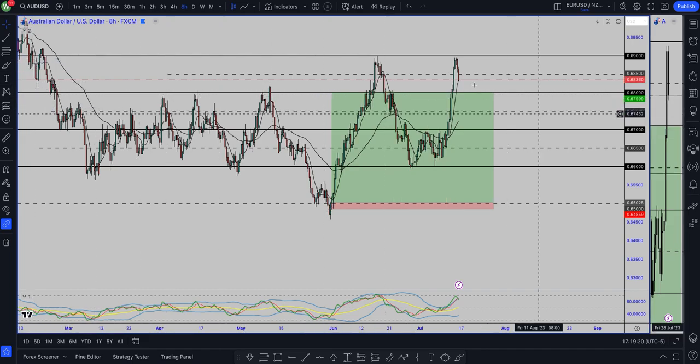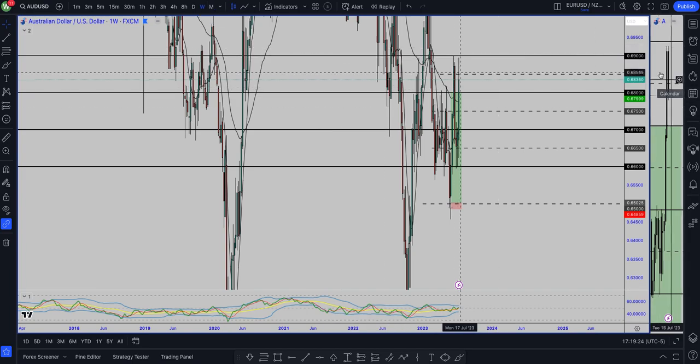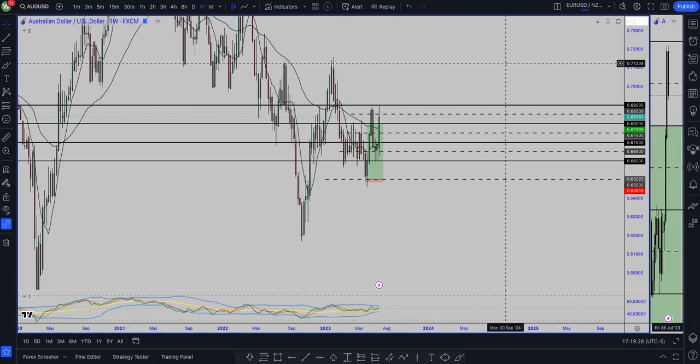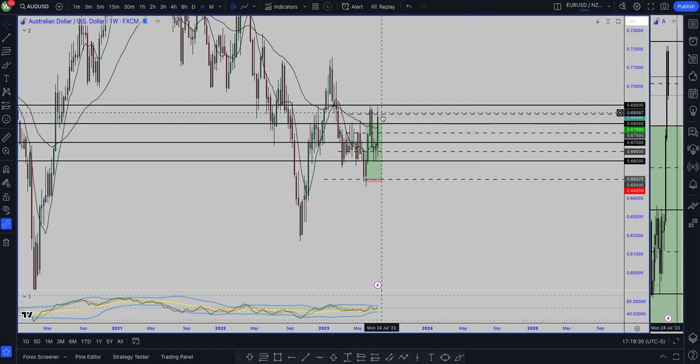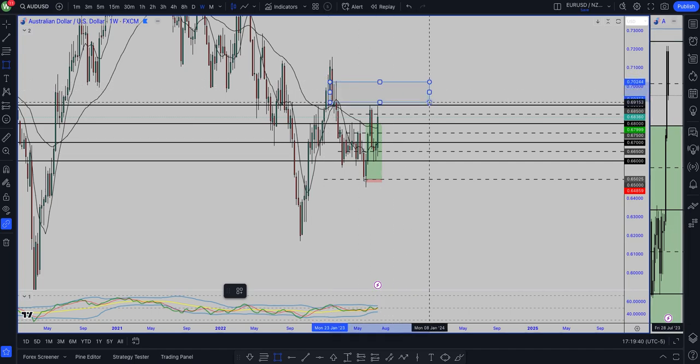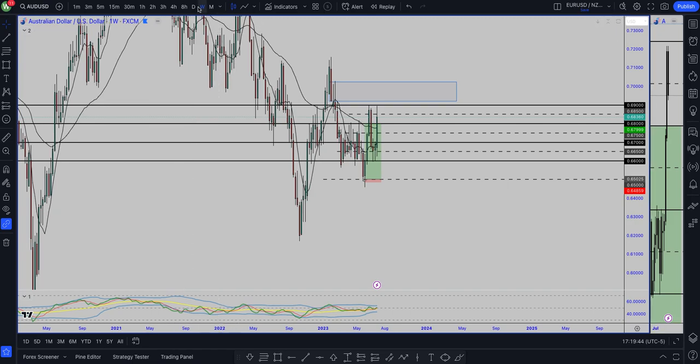I'm going to show you more what I think might happen. It can push back down to the zone, then push back all the way up. So we're going to come back into the zone. I found a zone here where I think we might potentially come back into, right here. So I think the market is going to do this.